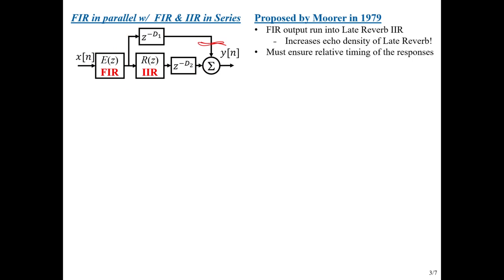So you can adjust the D1 and the D2 based upon orders of the FIR and the IIR and so forth. But the big difference is the signal doesn't go directly into the IIR like we saw on the previous slide. No, the thing that drives the IIR is all the early echoes.